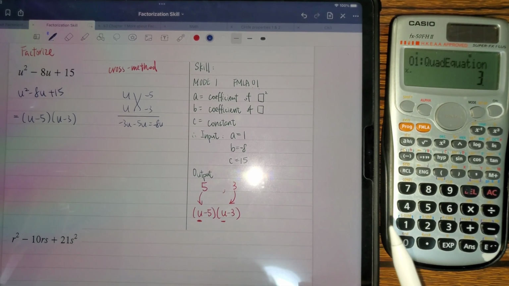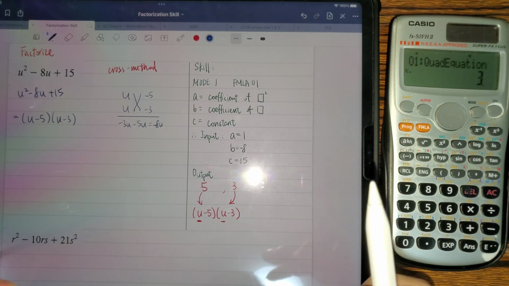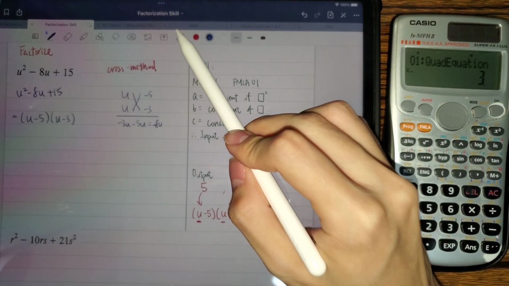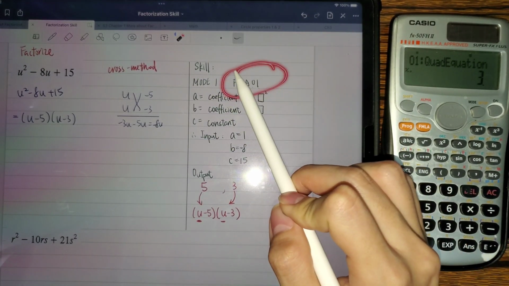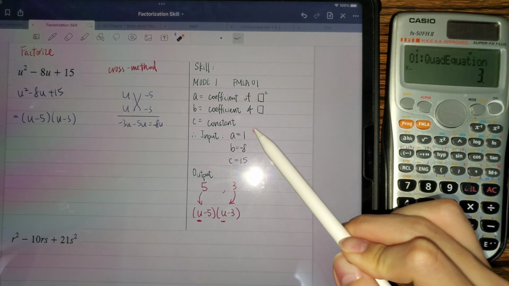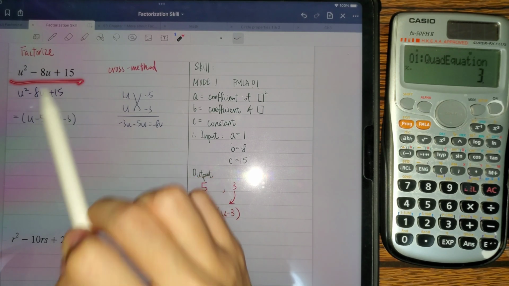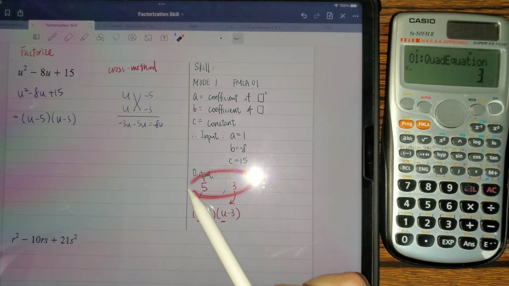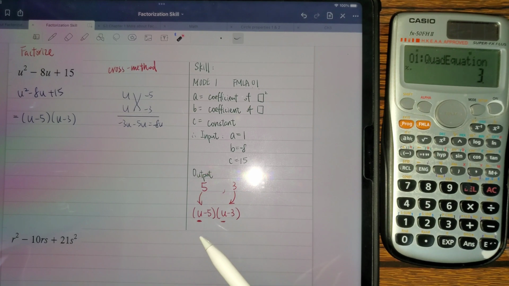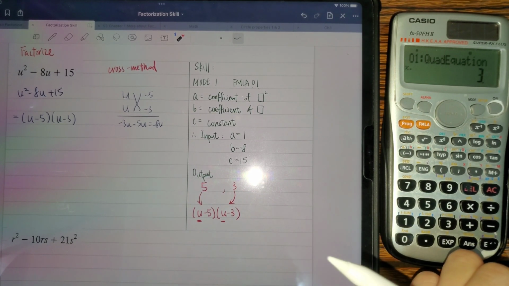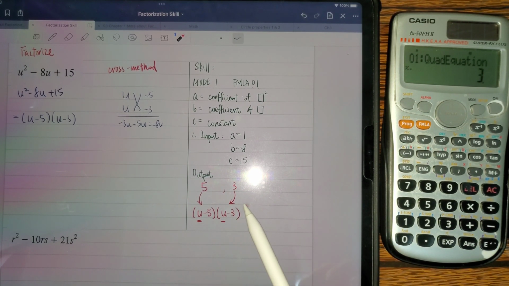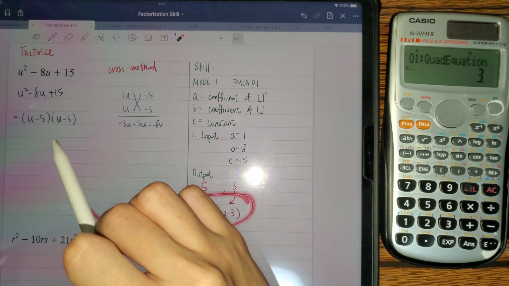So actually your part is just an easy job. You only need to type in formula 01, type in all the values needed according to the question, and then you get the output from the calculator. You don't need to guess any pairs. It can directly give you the answer, but you need to think about the reverse cases, and then copy it to your answer.